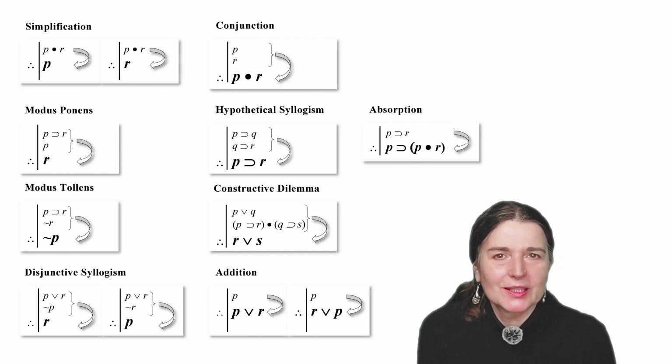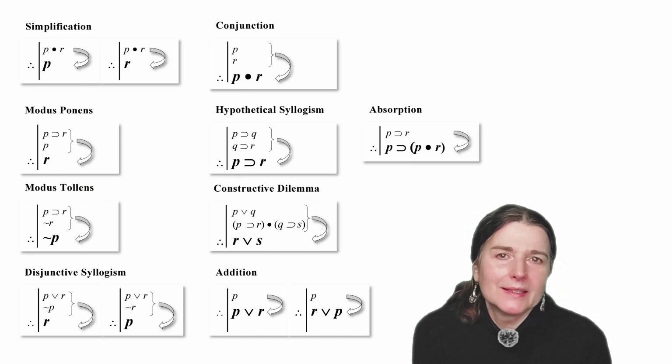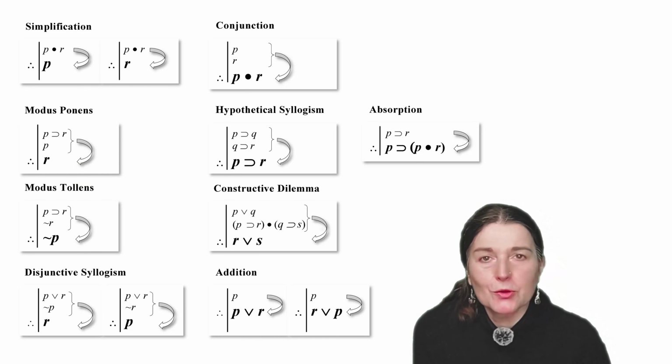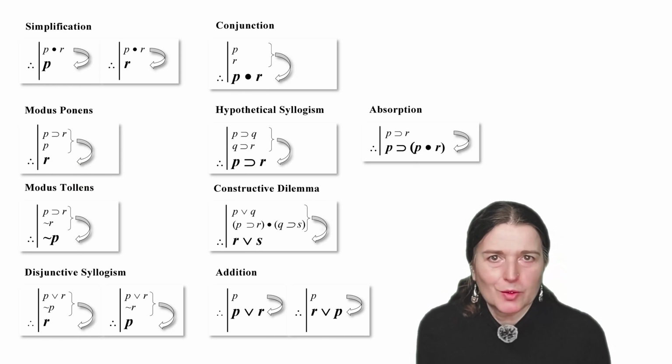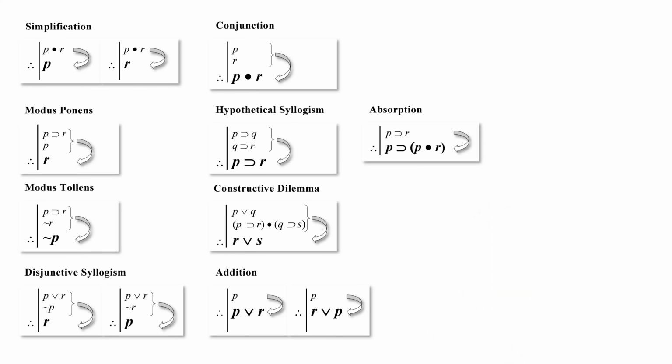Let's first take a look at the inference rules we've learned and see how we can classify them so that we can use them in our proofs. If you look at the rules marked here, you'll see that all these rules allow us to infer complex propositions. The rules marked in yellow allow us to use information contained in various complex propositions.